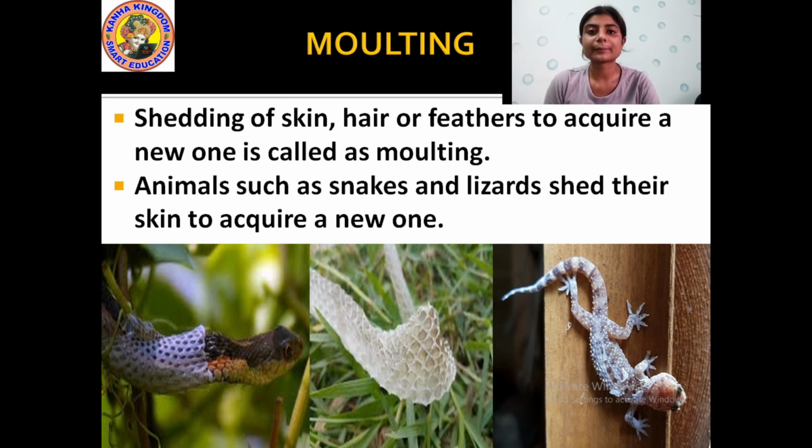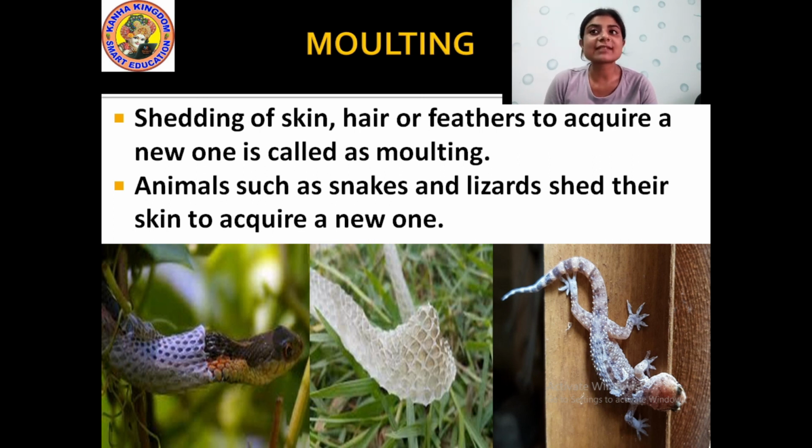M-O-U-L-T-I-N-G, molting. It is the shedding of the skin, hair and feathers which has grown old. They shed those skin, feathers and hair from their body. In place of that, the new one grows. That process is called molting.